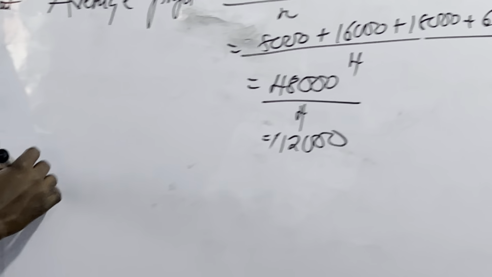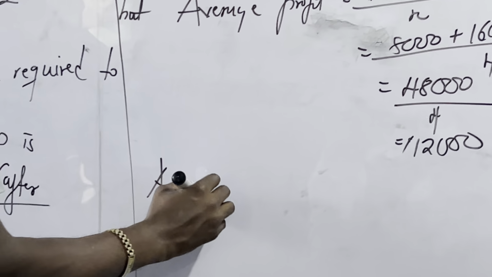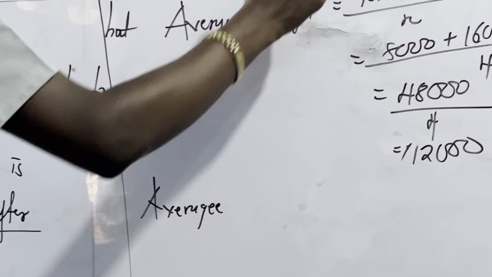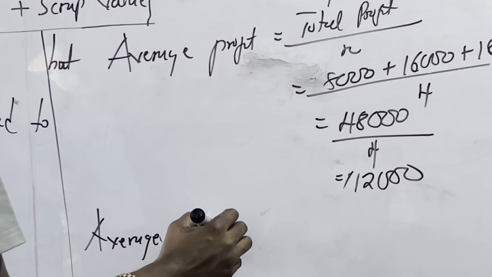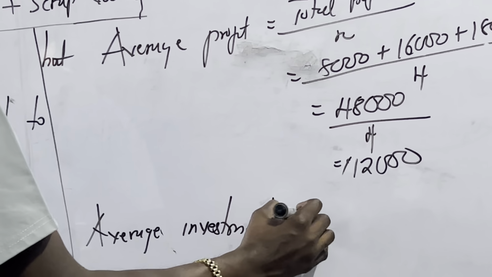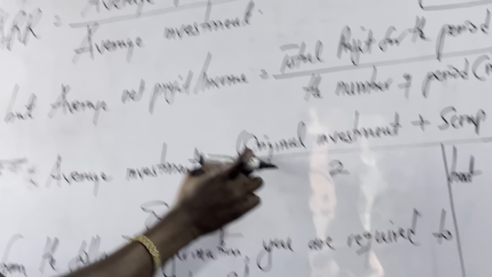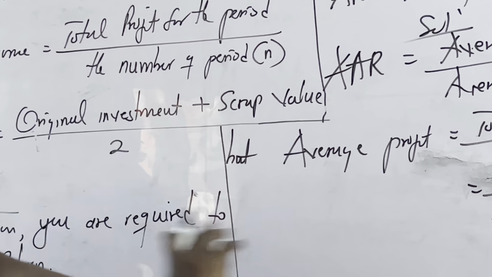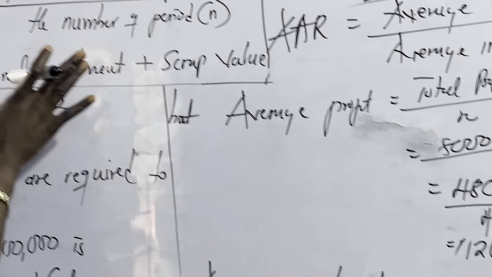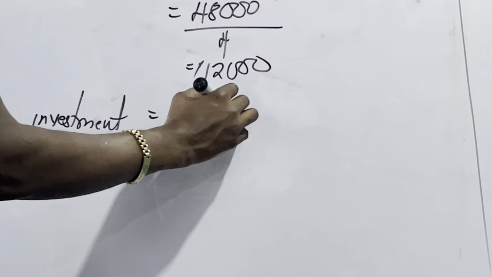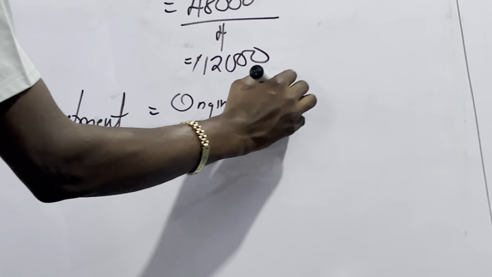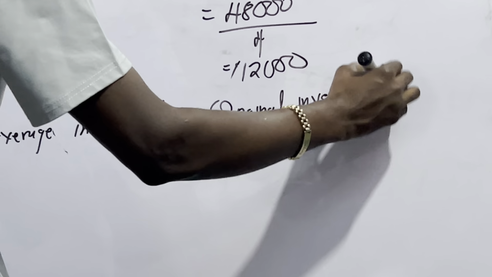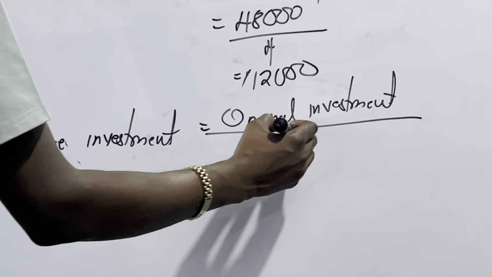Then our average investment, from our formula here, is our original investment plus scrap value, divided by 2. But if we are not given scrap value, we go by the original investment. Here there is no scrap value, so we forgo that.